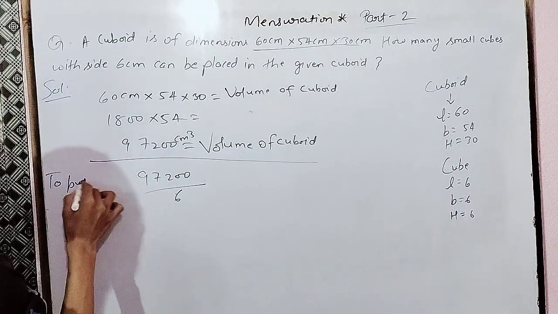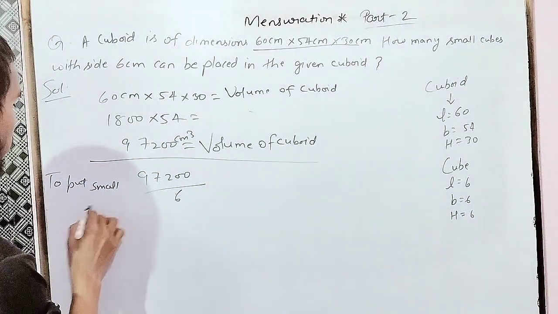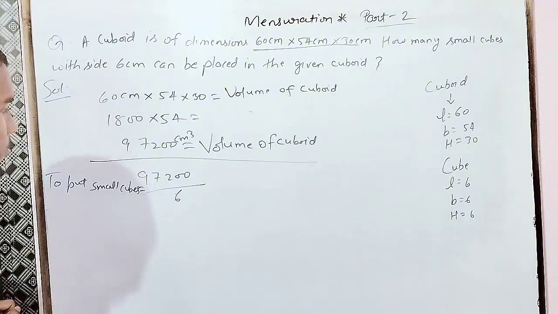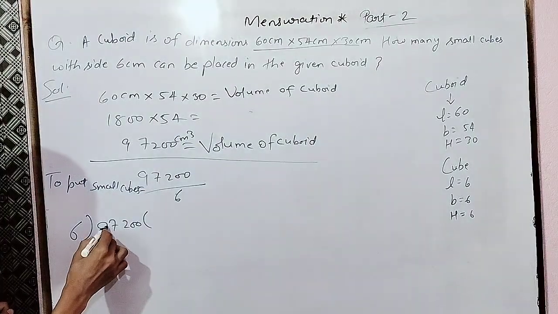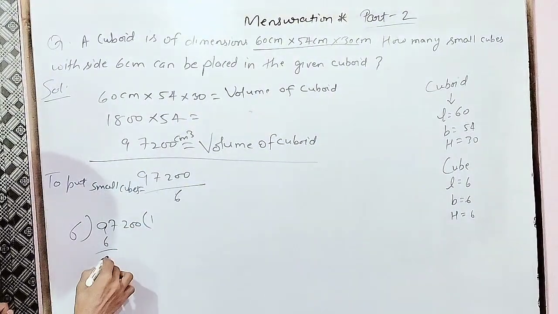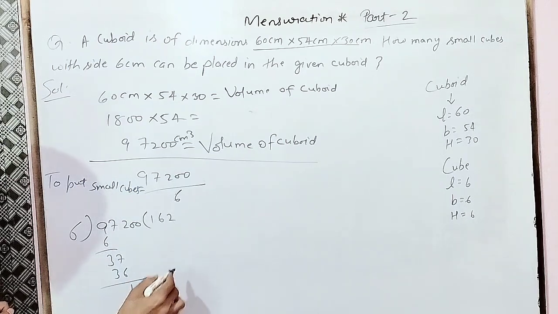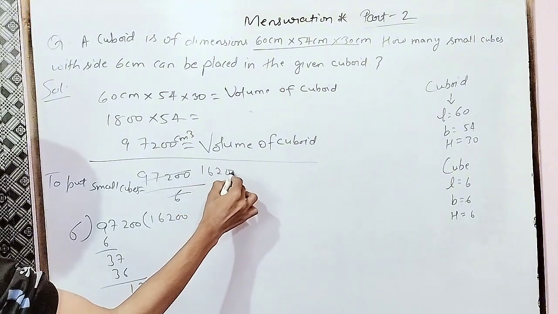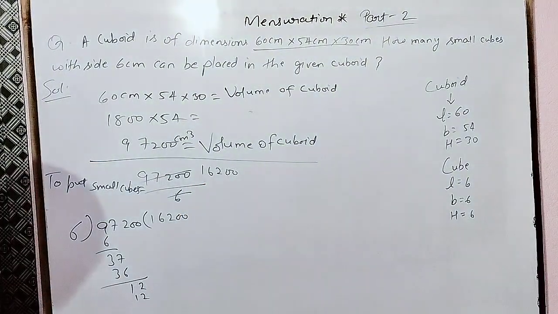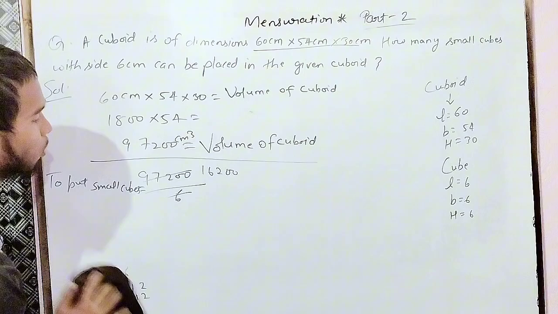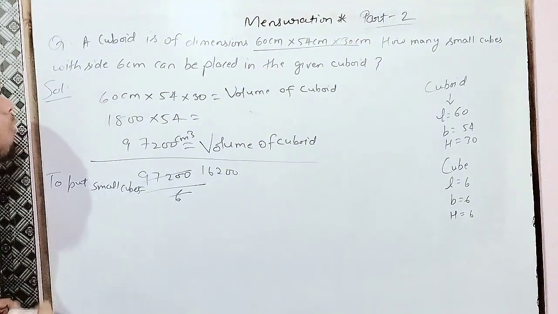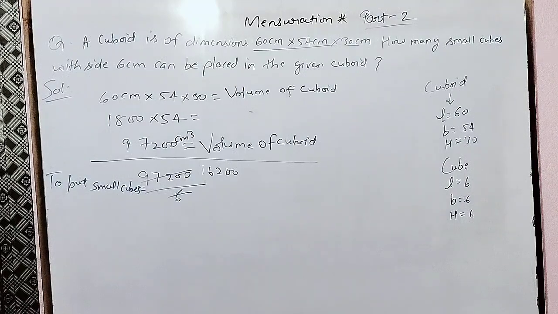Working it out, 16,200 cubes can be put in a volume of 97,200. Is it correct or not? You can check it.